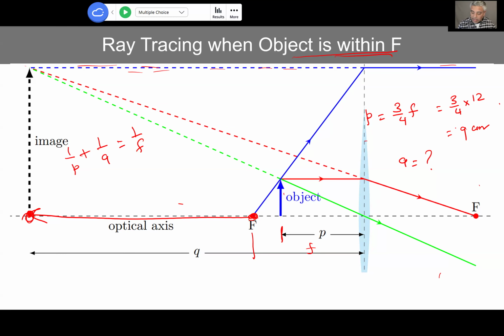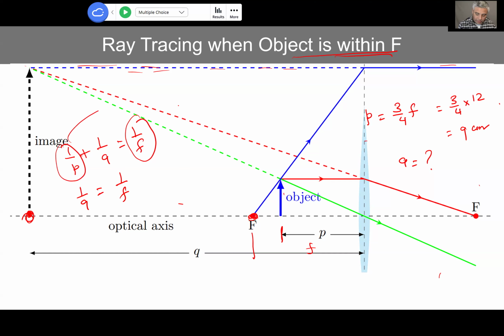So P in this case is 3F over 4. So 1 over 3F over 4. Maybe I should move this to the other side. Let's keep 1 over Q over here, and there is 1 over F.